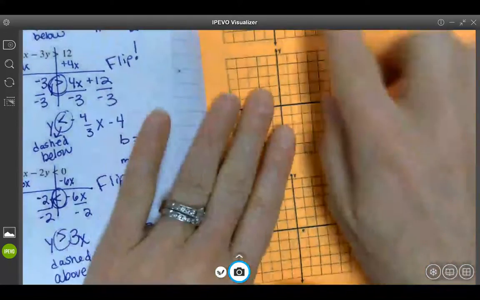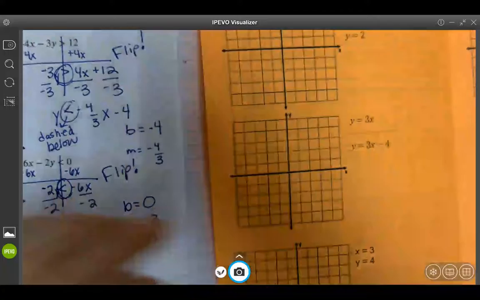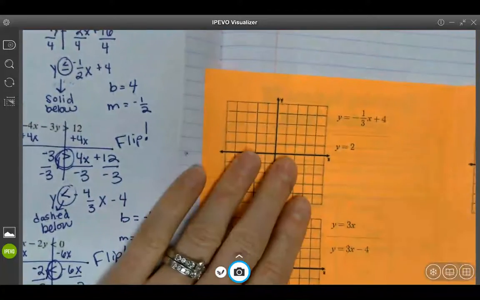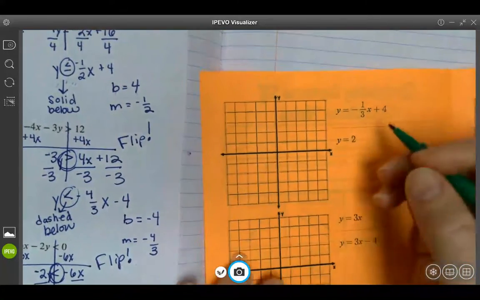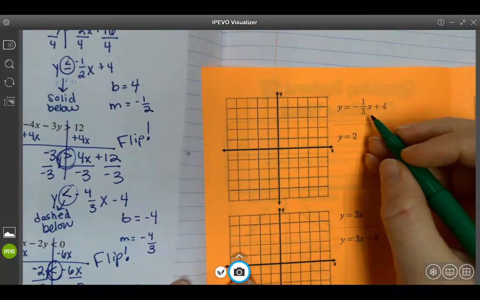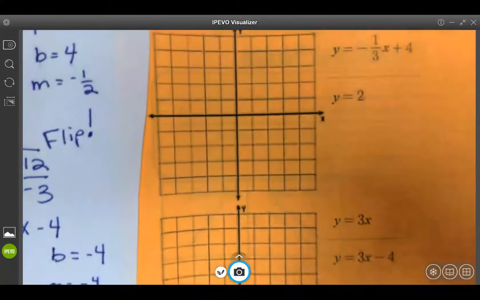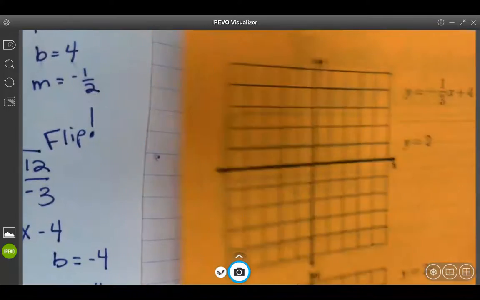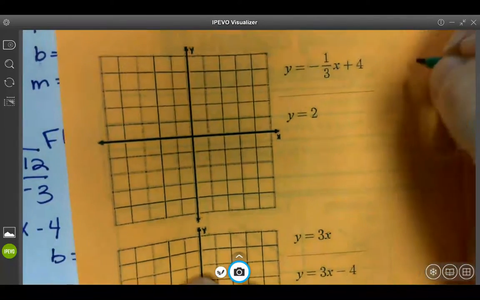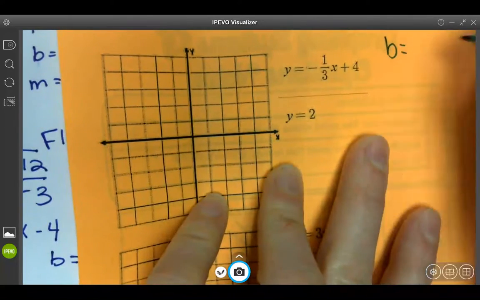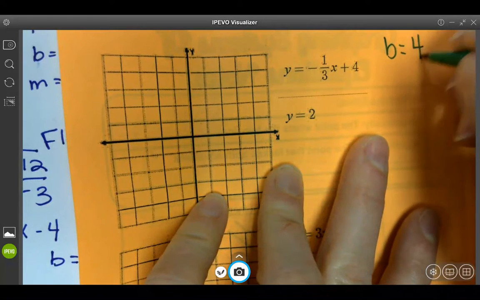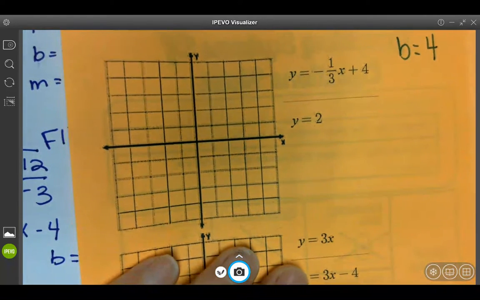All right, so let's go to the next one. We're going to do this one together. Y equals -1/3x plus 4. So in order to graph, we need our b. mx plus b is 4. Let's go ahead and graph it.